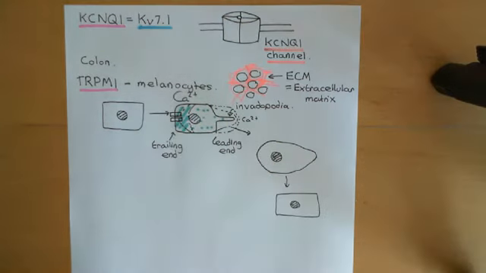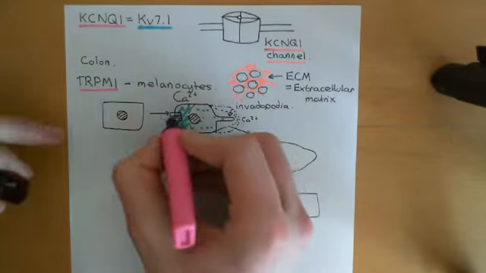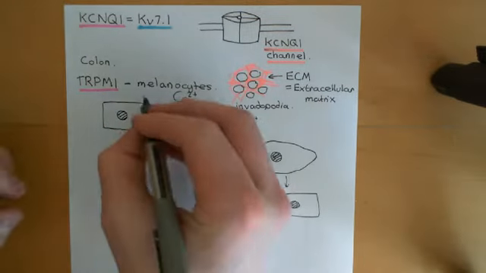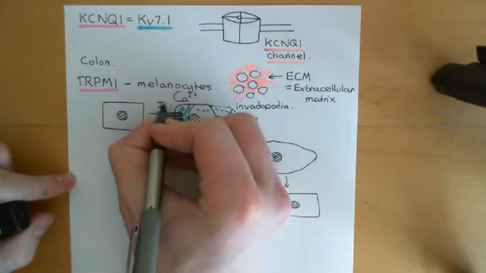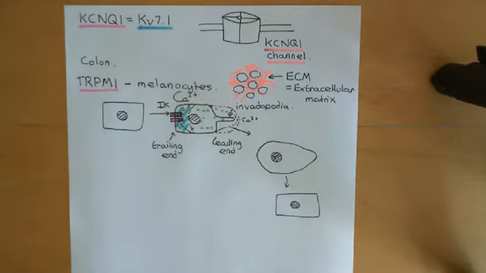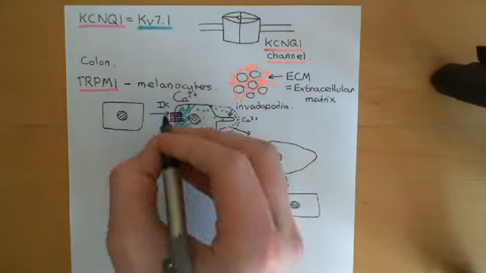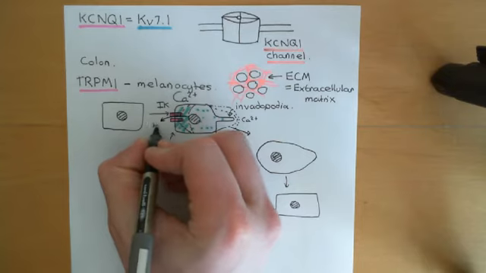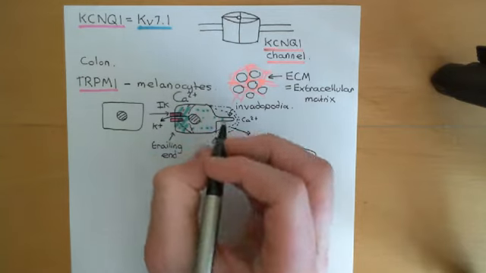So this ion channel on the trailing end here is going to be an intermediate conductance calcium-activated potassium channel. So this is an IK channel. The high calcium in the cytoplasm at the trailing end of the cell is going to lead to this channel opening. Potassium ions will then leave the cytoplasm of the cell and go into the extracellular fluid.